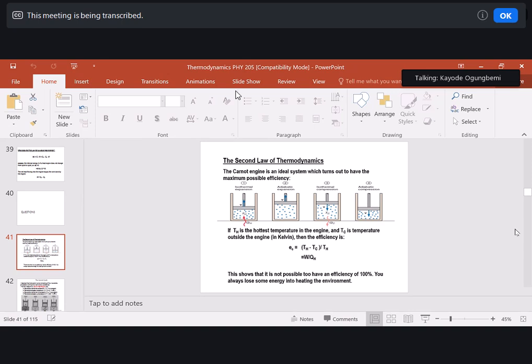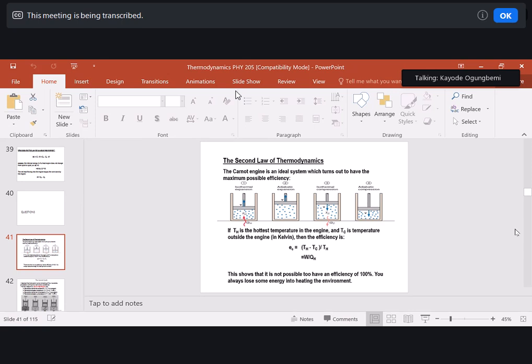And since we are able to prove that W equals TH minus TC and QH equals TH, our efficiency can be the difference between the hot and cold temperature divided by the hot temperature. Definitely it's going to be a fraction, and you can convert it to percentage as you want.